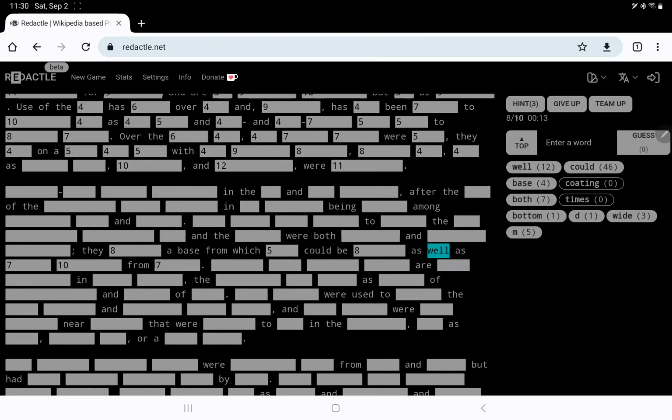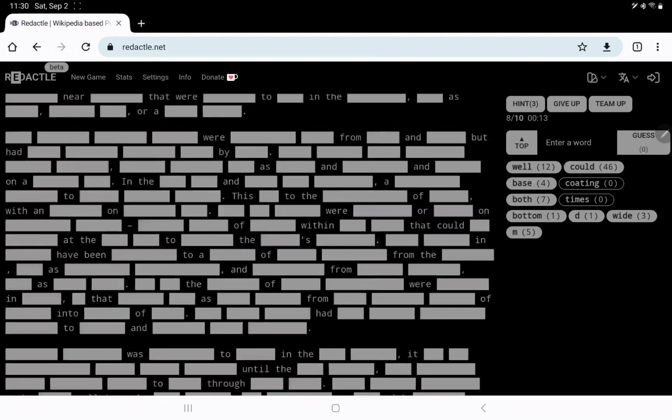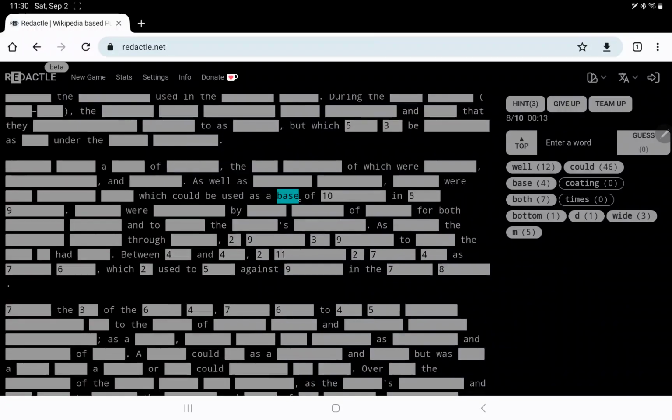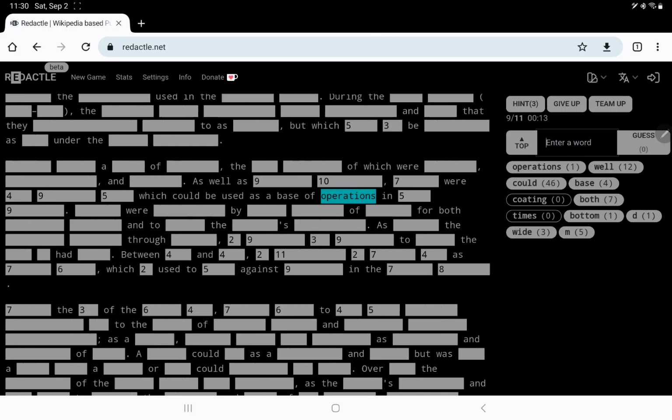They had, they possessed, they provided, they something a base. All about the base today. 7 or something which could be used as a base of, maybe, base of operations. It is, okay. So not the base I was thinking of.